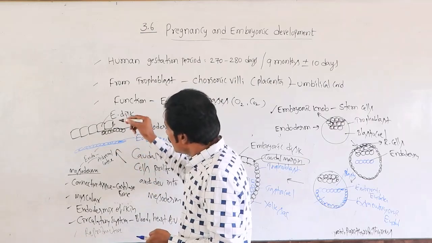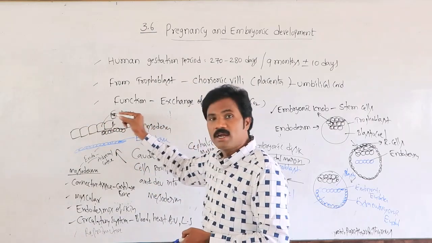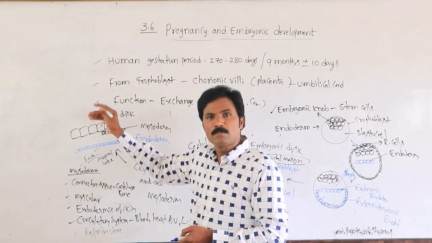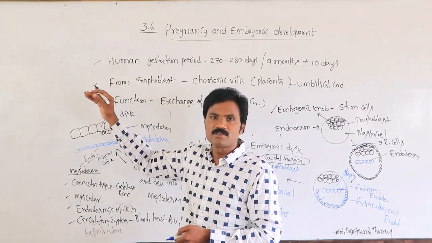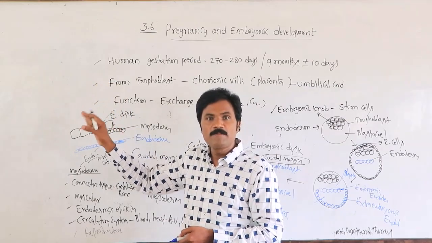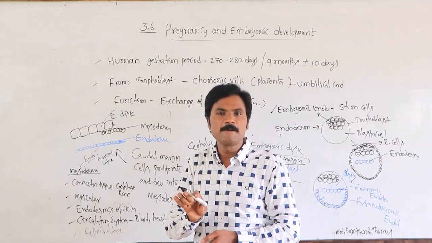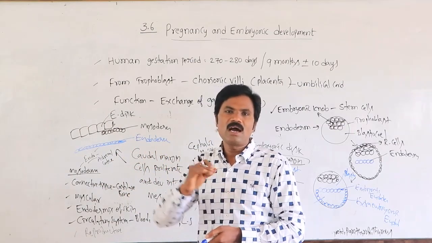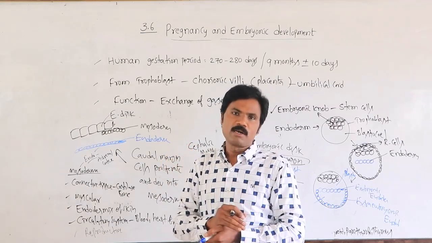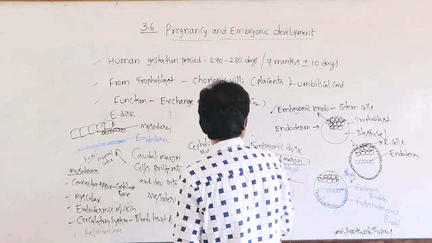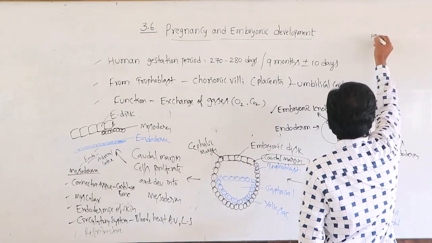Then what about the rest of the cells of the embryonic disc? It forms into the columnar epithelium, columnar cells. The rest of the embryonic disc forms the columnar epithelium and becomes the ectoderm.